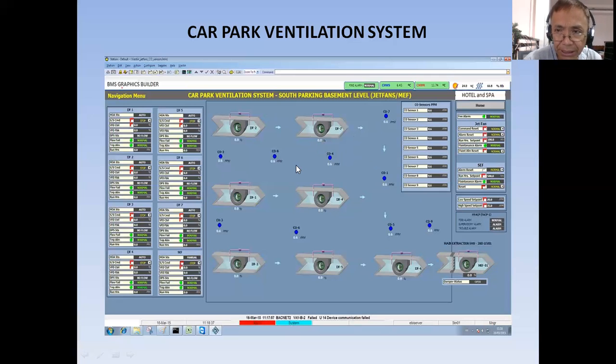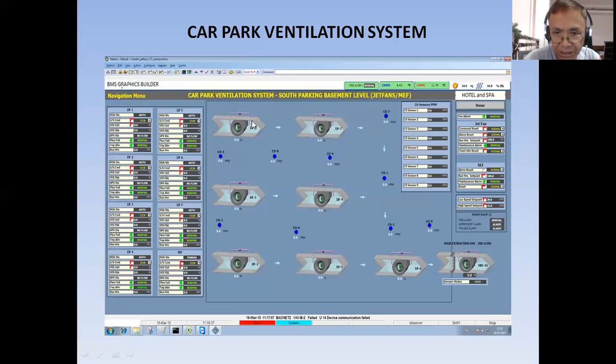In the event of high CO concentration in a specific area, let's say in this CO7, if I have a high concentration here, the BMS program is, if I detect 30 ppm of CO concentration in this area, only jet fan 2 and jet fan 7 will run, then jet fan 4 will run, then jet fan 6 will run.